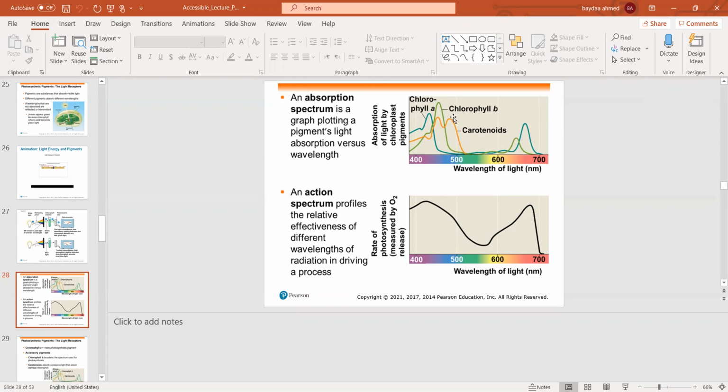In the chloroplast, we have chlorophyll a, the dark green key light-capturing pigment that participates directly in the light reactions. We have the accessory pigment chlorophyll b, and a separate group of accessory pigments called carotenoids.